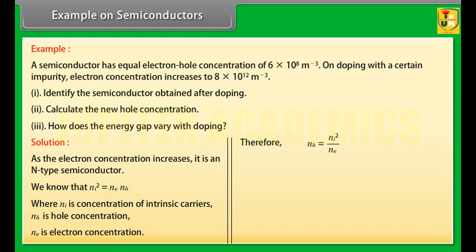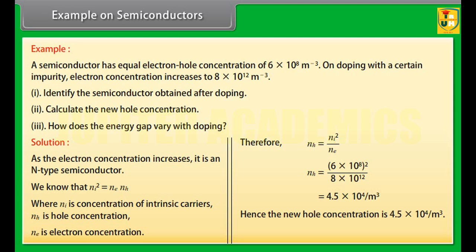Therefore, Nh is equal to Ni² divided by Ne. On putting the values, we get Nh equal to 4.5 × 10^4 per meter cube. Hence, the new hole concentration is 4.5 × 10^4 per meter cube. With the doping, energy gap decreases.